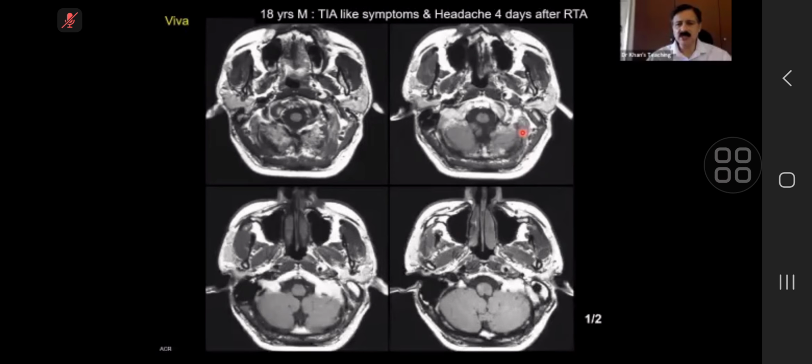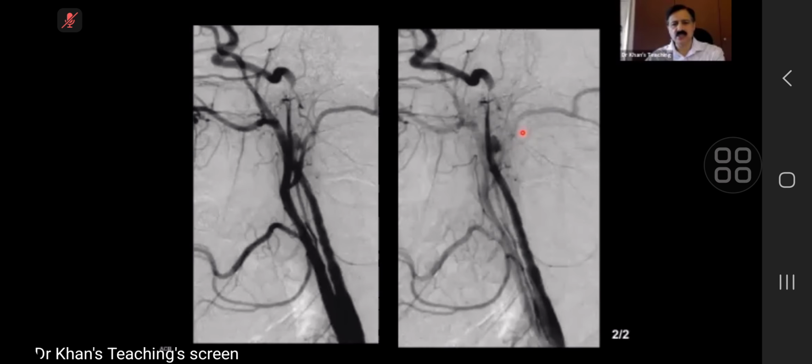And delayed might be up to maybe 3-4 weeks even. So this is a case of dissection. Now, as far as a DSA is concerned, DSA can be looked at on this window, which is an inverted window where everything is looking black.